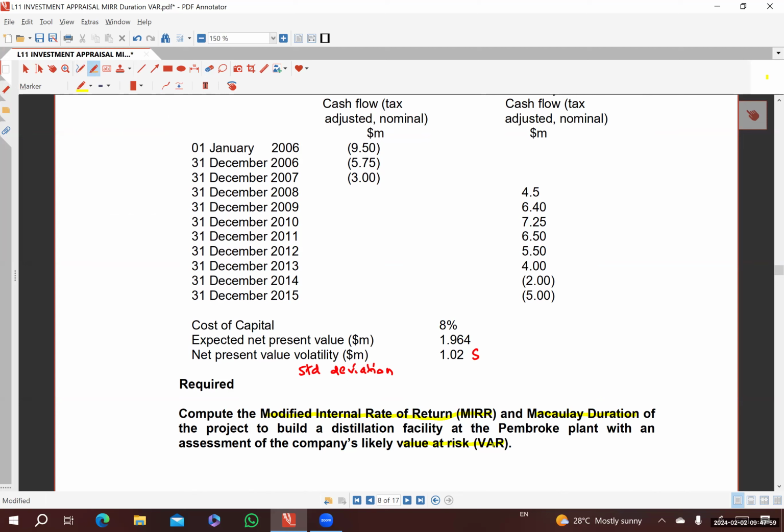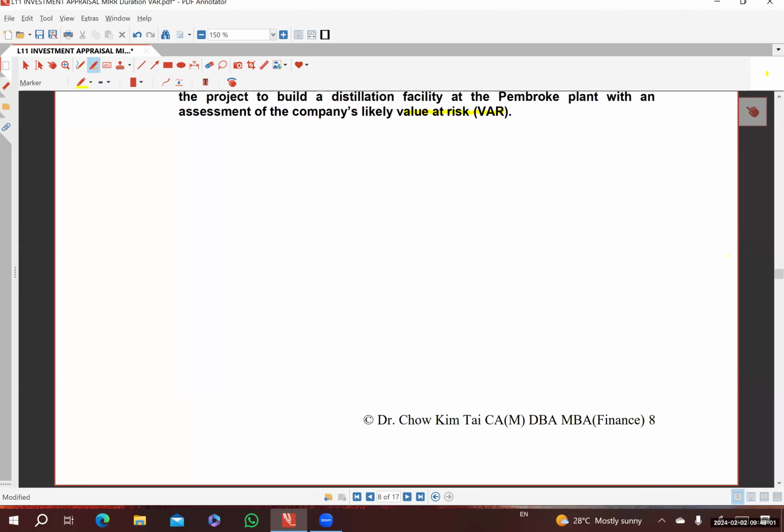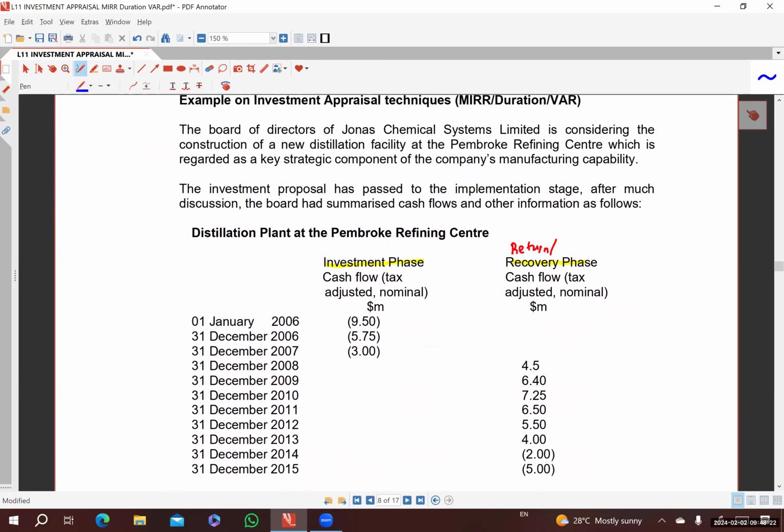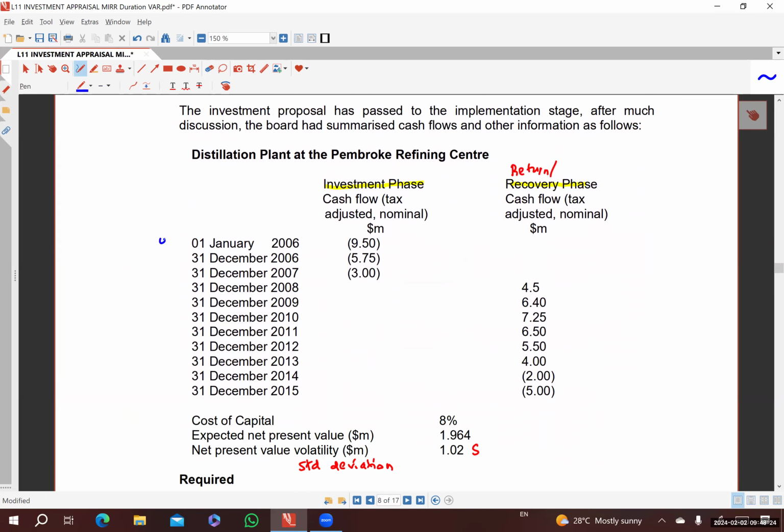Okay, now let's start with modified IRR. We take the projects. 1st January is year 0, then 1, 2, 3, 4, 5, 6, 7, 8, 9, 10.